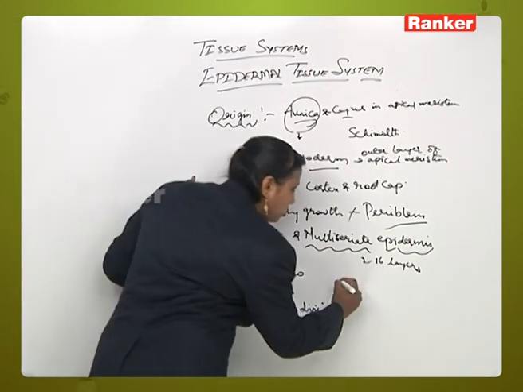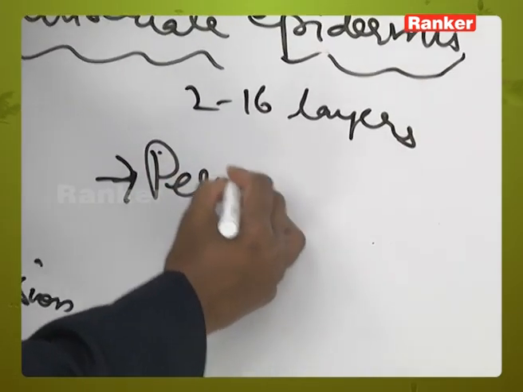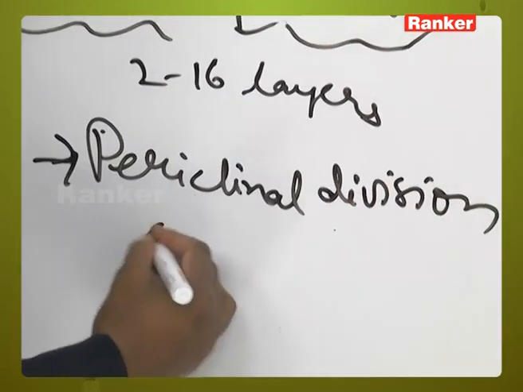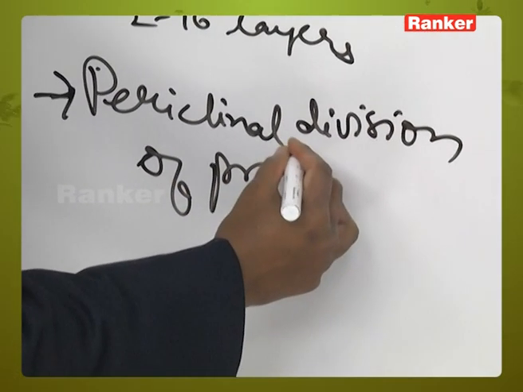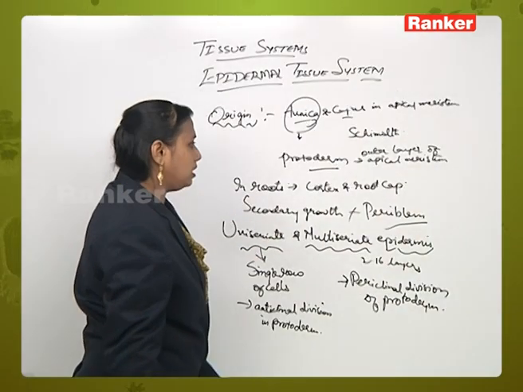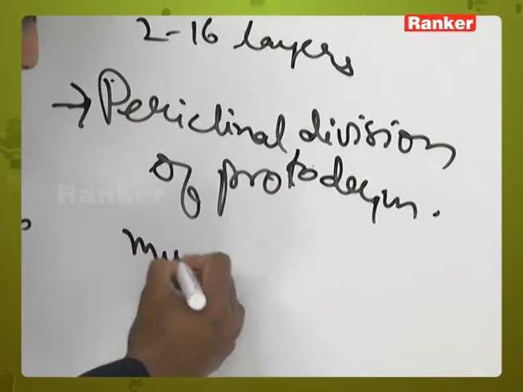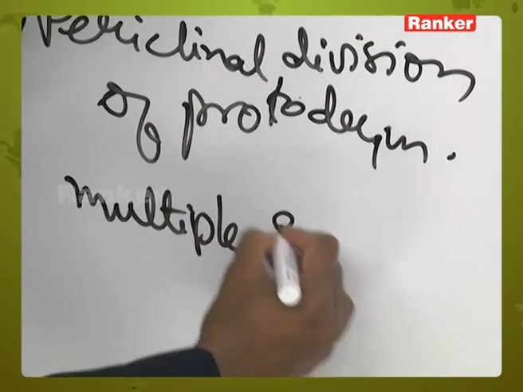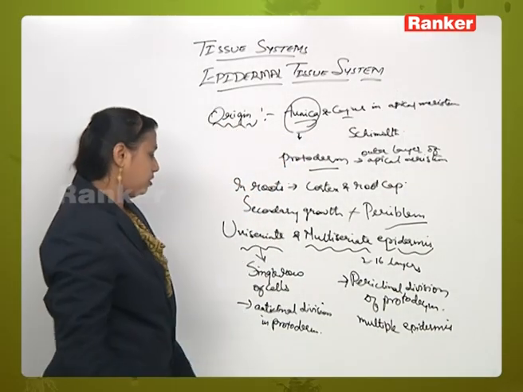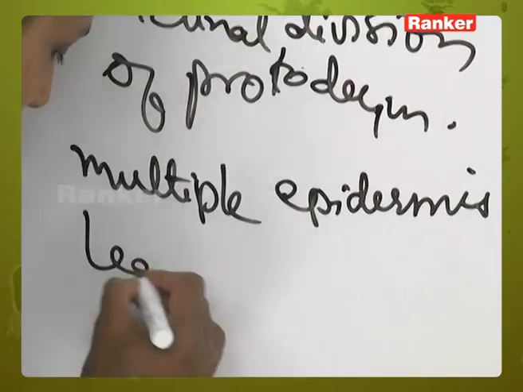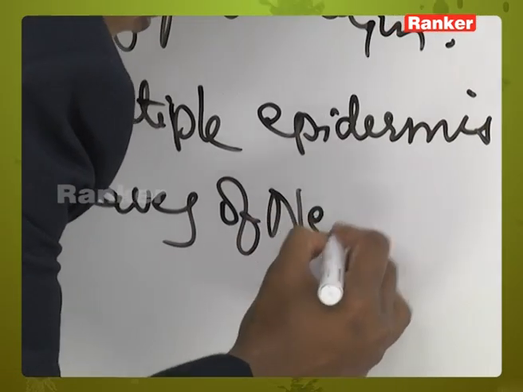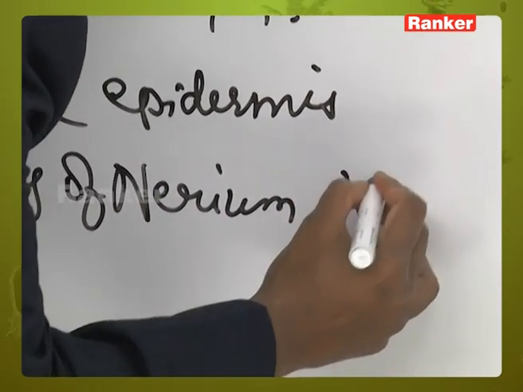It is formed because of the periclinal division of the protoderm. This is also called multiple epidermis, and an example is the leaves of Nerium and Ficus.